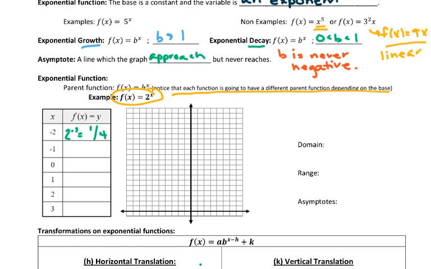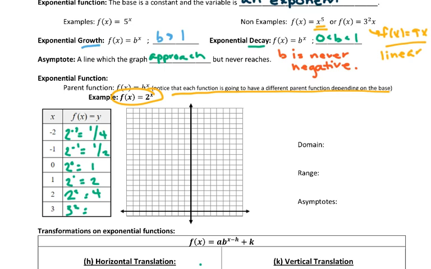This one would be 2 to the negative first, which is 1 over 2, which is just 1/2. Anything to the power of 0, okay? 2 to the power of 0, 3 to the power of 0, anything to the power of 0 is what? 1, okay? No, it's not 0. We have 2 to the first power, which is 2, 2 squared, which is 4, 3 squared, which I am doing this all wrong.